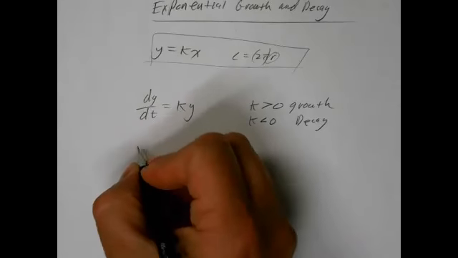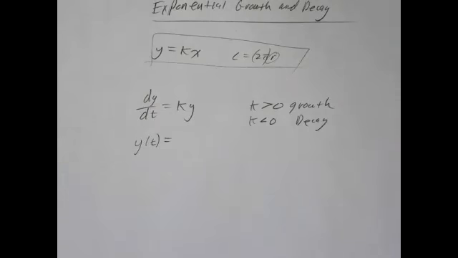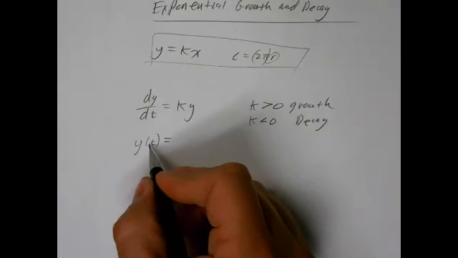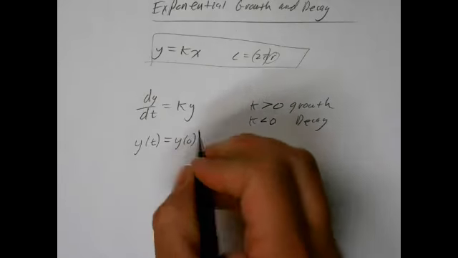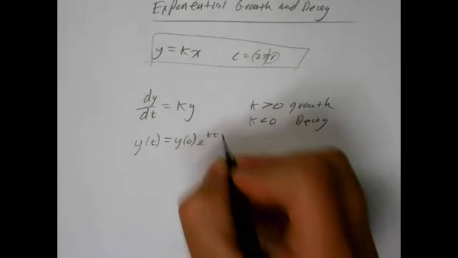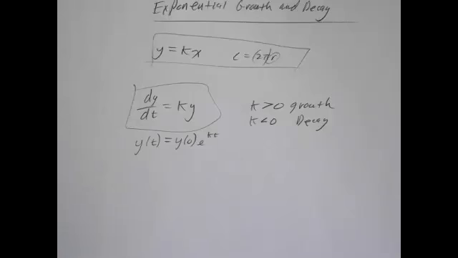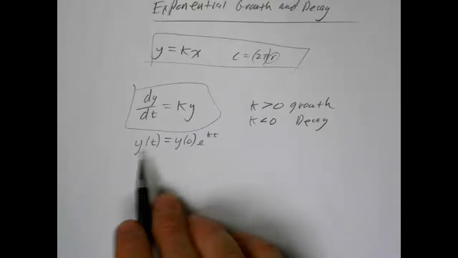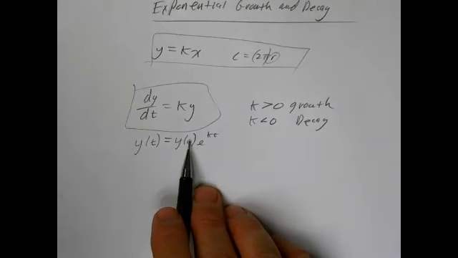The theorem says that the function that models this behavior is y of t, meaning population at time t, equaling y0 times e to the kt. In other words, the theorem basically says the only function that fits this pattern is the one that says population at time t is equal to y of 0, which would mean initial population, times e to the kt.